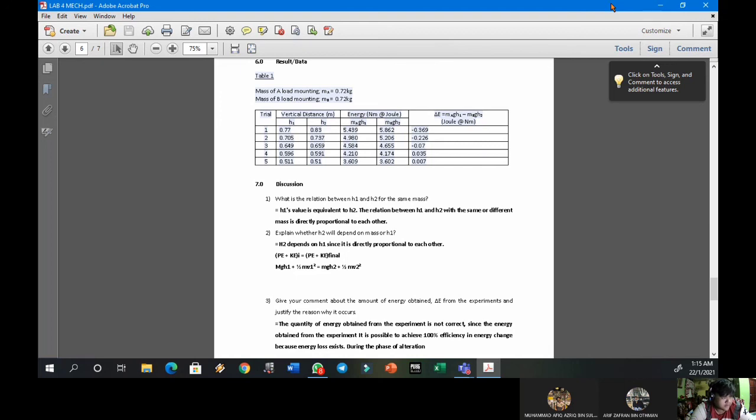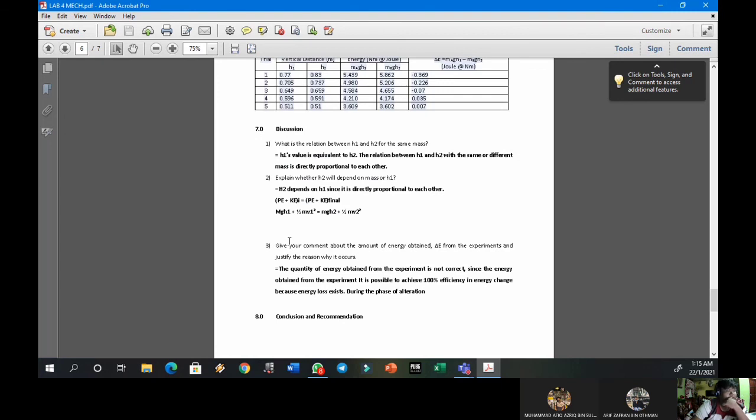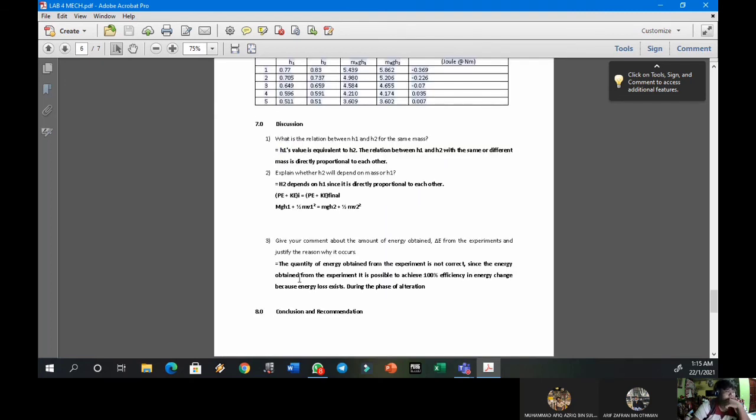S2 depends on H1 since it is directly proportional to each other. Itu adalah formula gap. Nombor 3, give your comment about the amount of energy obtained from the experiment and justify the reason why it occurs.